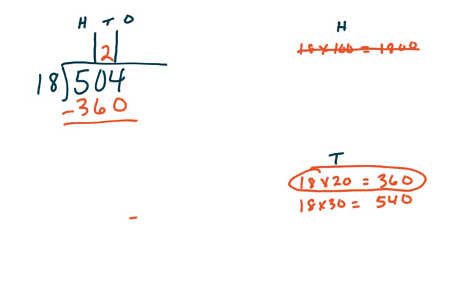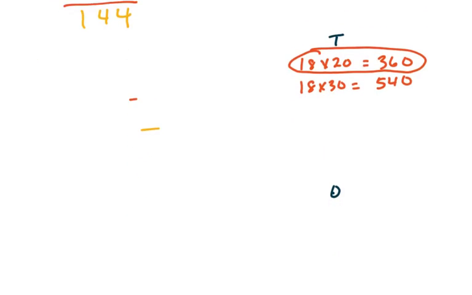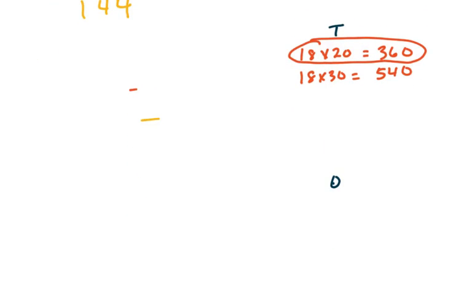Now we go through and subtract. That's 4. We're going to regroup here. So 144. Now we're going to go to using our ones place. So we have 18 times 5 is 90. But we're still far away from 144, so we're going to jump up a couple to see if we can get closer.